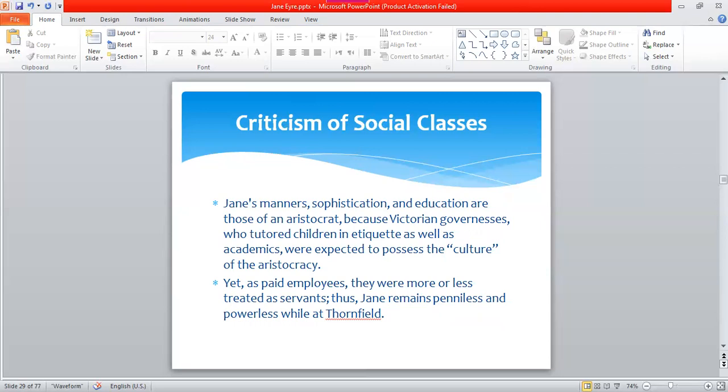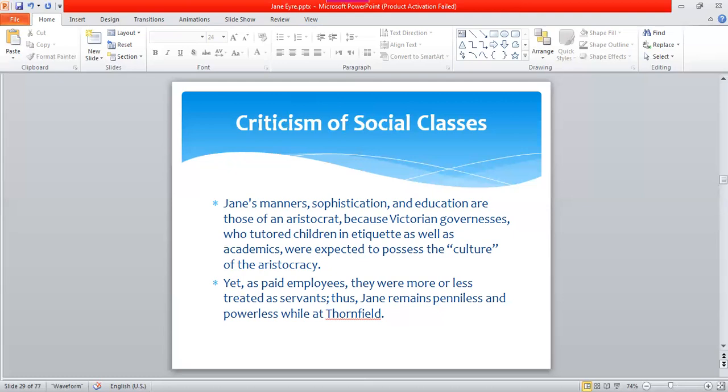Yet, on the other hand, the governess was considered a paid employee, so that she must be treated as a servant because she lived in the house of her master and received her salary as any servant did.